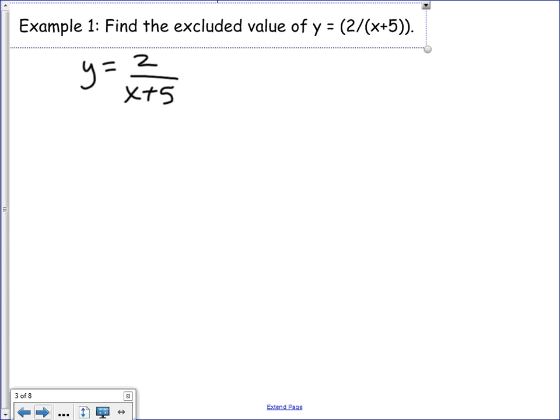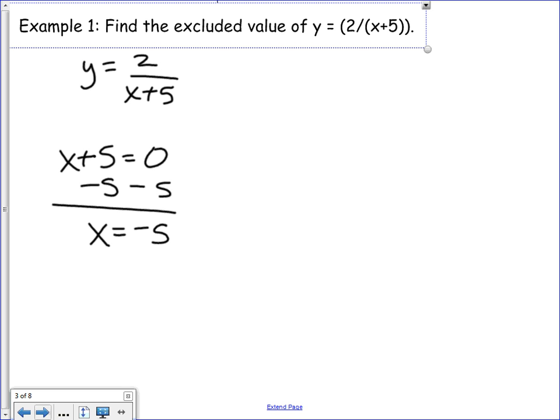The denominator is x plus 5, and we want to make that 0. To do that, we subtract 5. So the excluded value of x is negative 5. x cannot be negative 5 because then the denominator will be 0, which is undefined for this function.